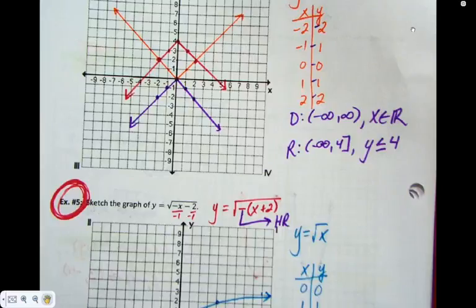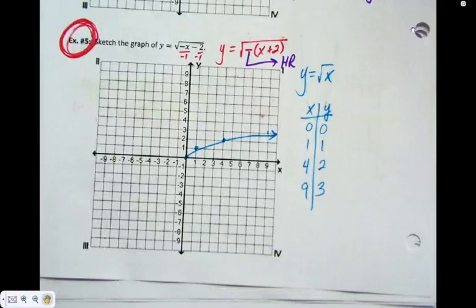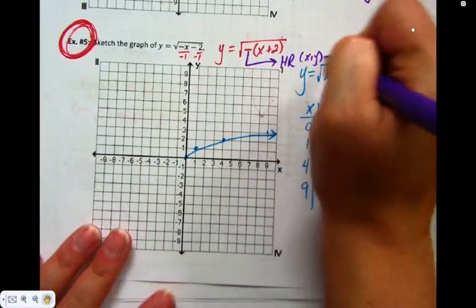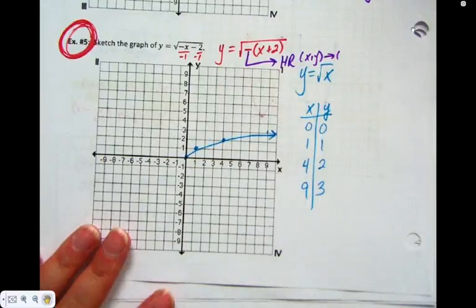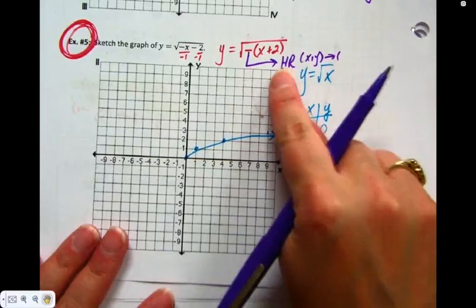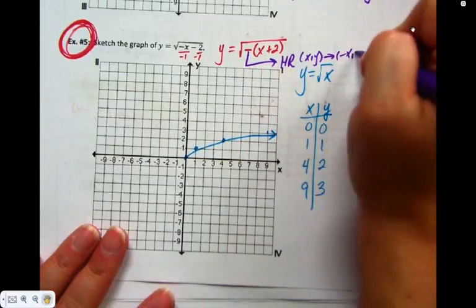All coming back, domain and range. Okay. Horizontal reflection. (x, y) goes to? It's horizontal, so (-x, y).